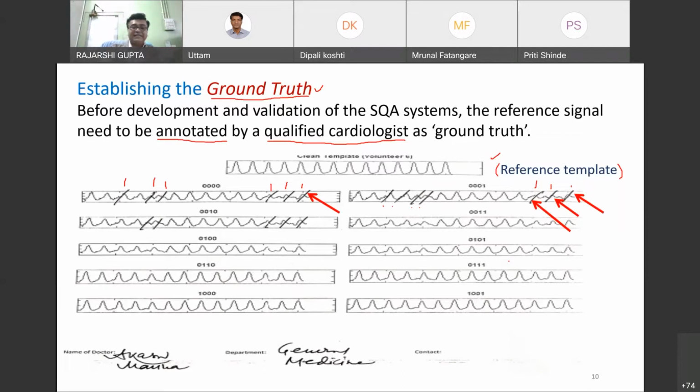Okay, the second thing is that these annotations are purely subjective. Purely subjective. That means it can vary from one person to another. So to one doctor, one pulse may appear as clean, but to the other doctor, that pulse may appear as corrupt, because this type of inspection is always subjective in nature.